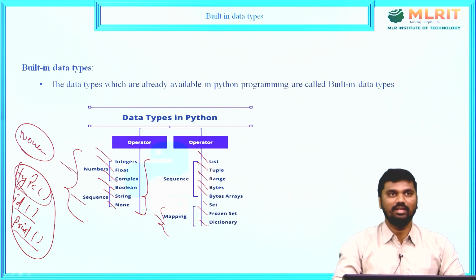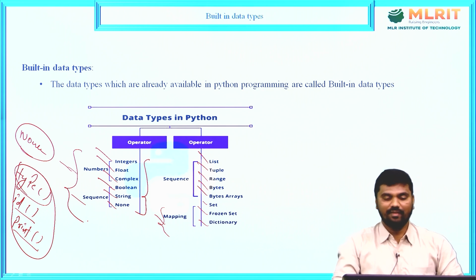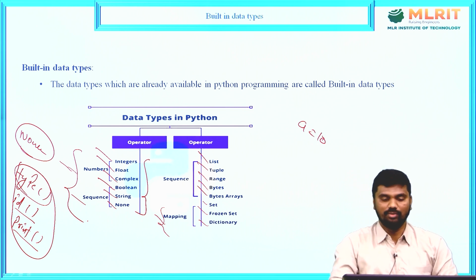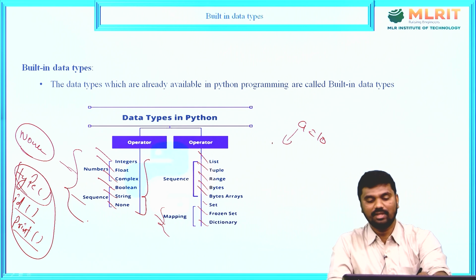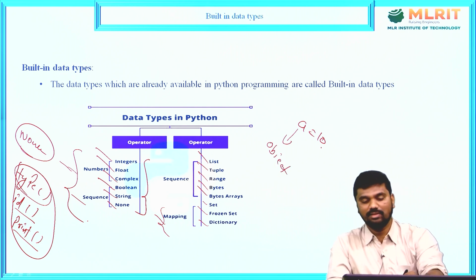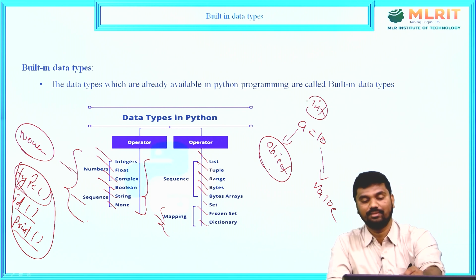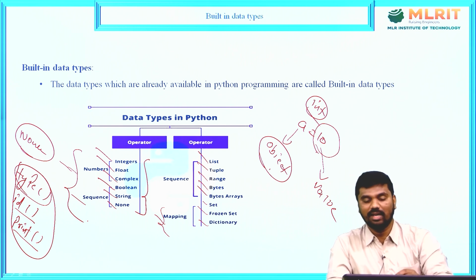For example, a equals 10. Here the variable is considered an object, and 10 is the value. This object belongs to the int class, because based on the assigned value at runtime, the Python interpreter allocates the data type.